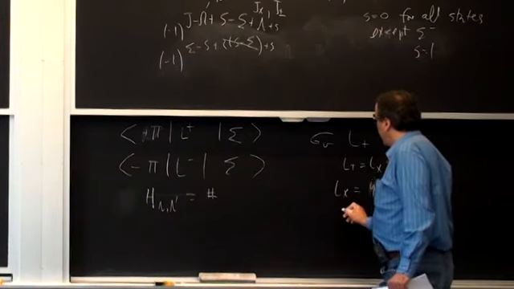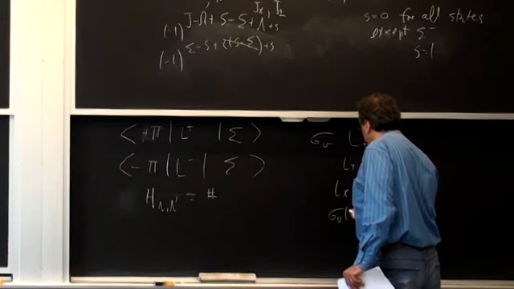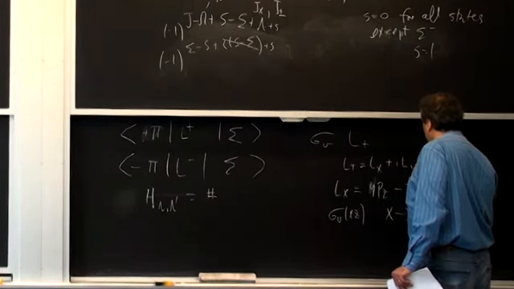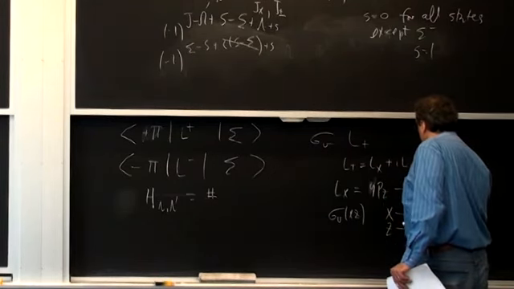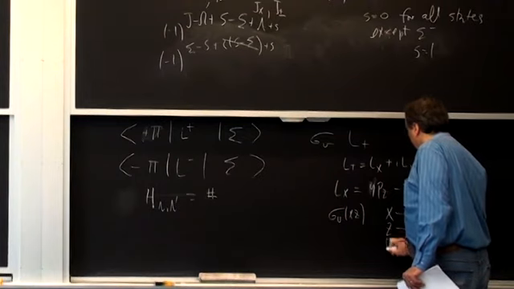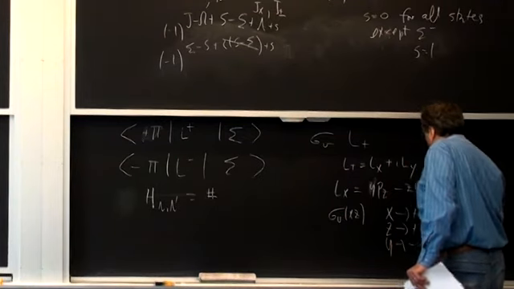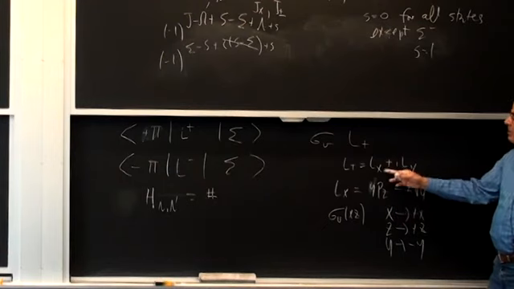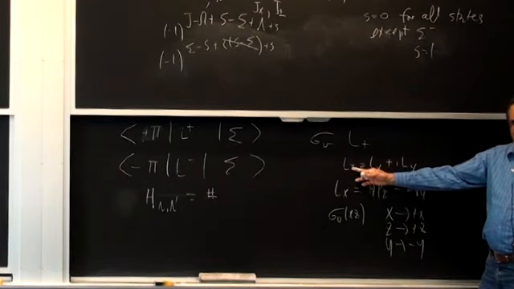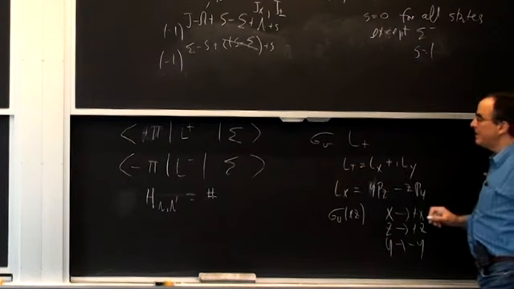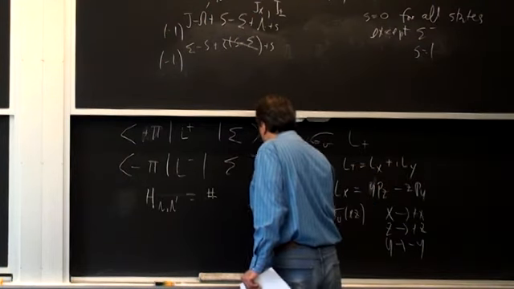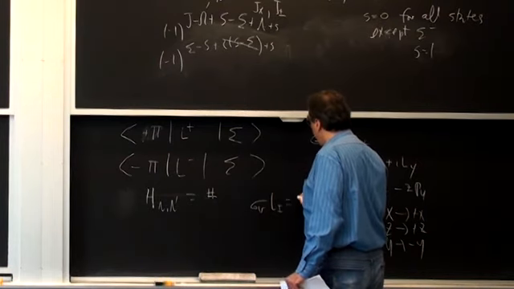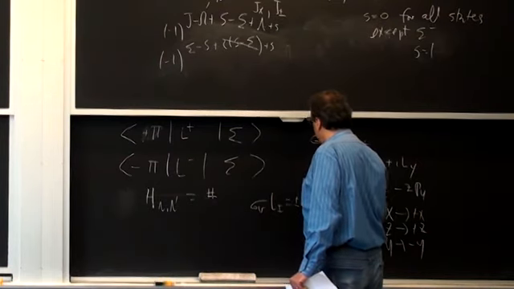And sigma v xz takes x into plus x, z into plus z, and y into minus y. So we can work out what sigma v does to each of the components of L, and what we find is that sigma v on L plus minus gives plus minus L minus plus.